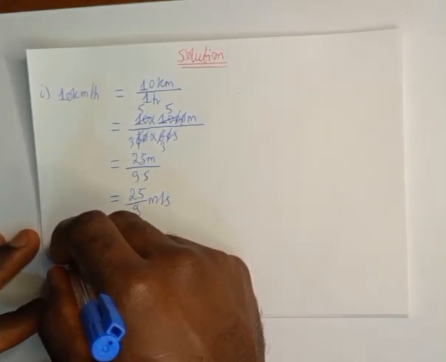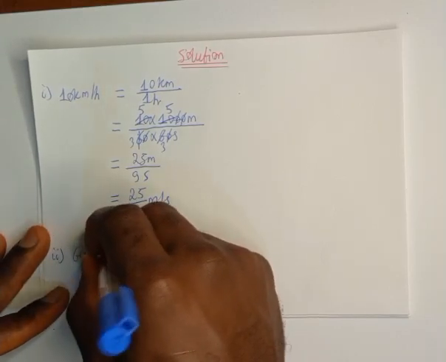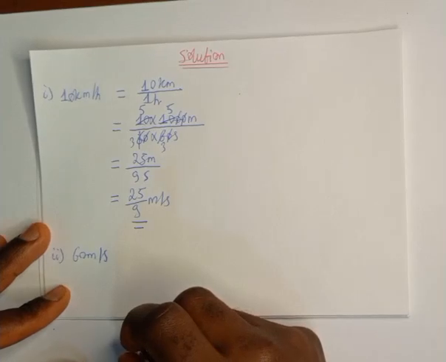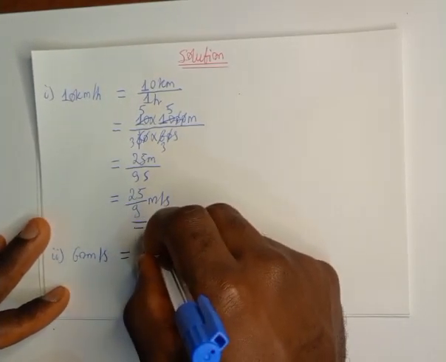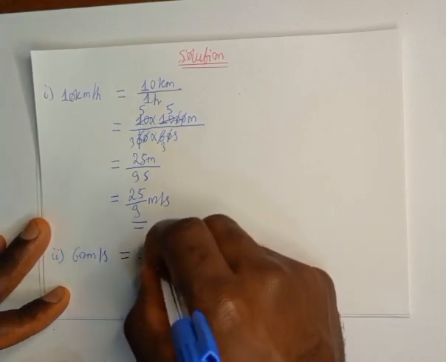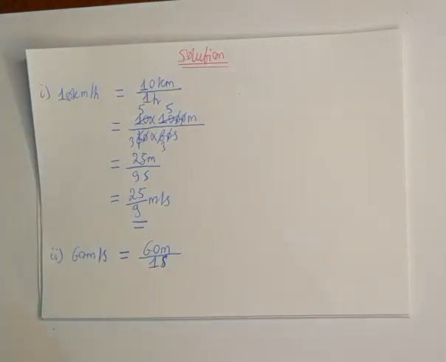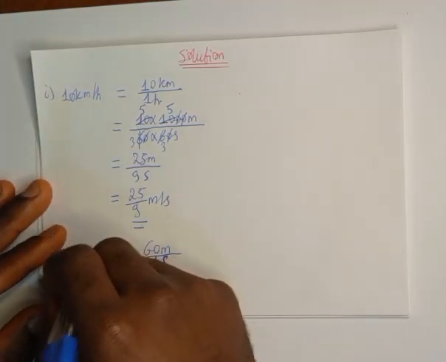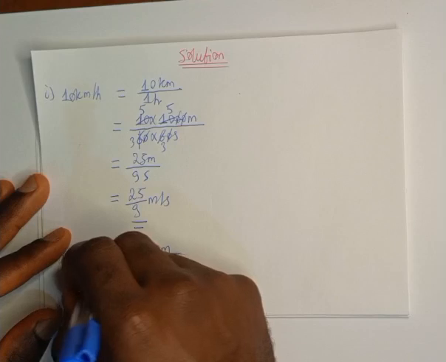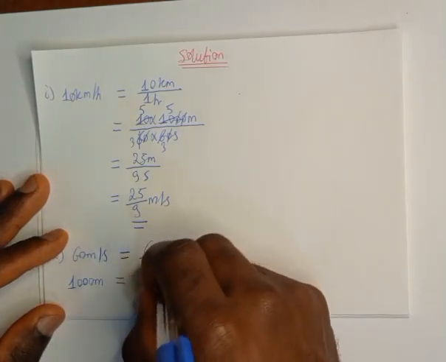We go now to 2i. For 2i, we have to convert 60 meters per second to kilometers per hour. This will simply be equal to, we can express this as 60 meters over 1 second. First, we need to convert 60 meters to kilometers. We know 1000 meters is equal to 1 kilometer.